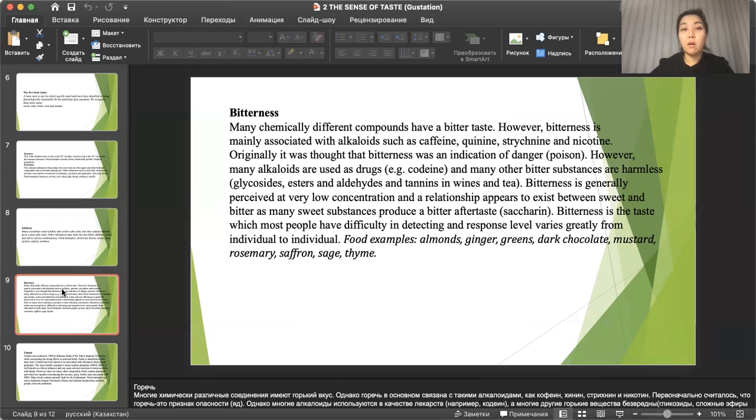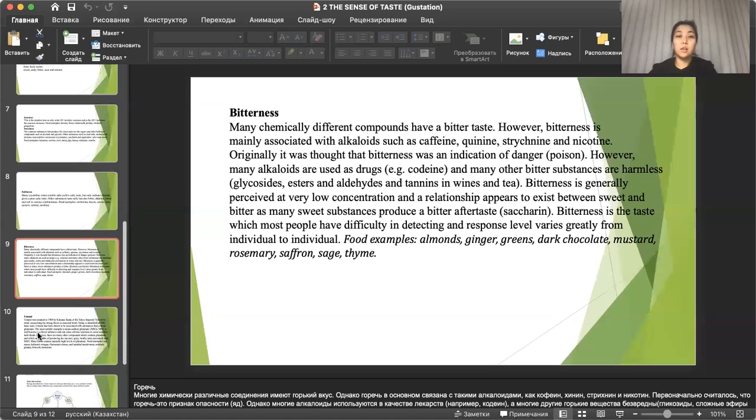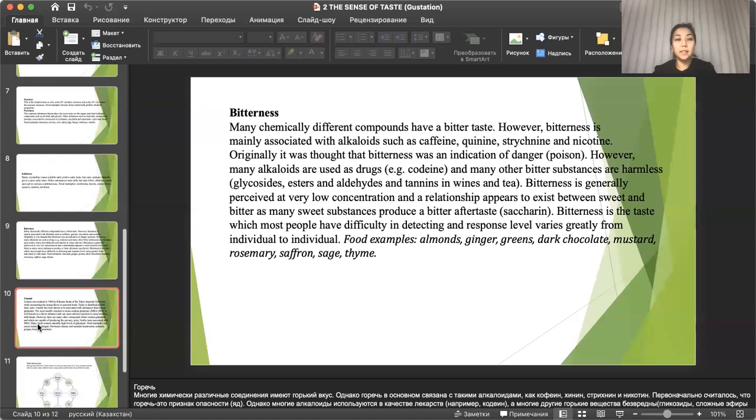However, many alkaloids are used as drugs, for example codeine, and many other bitter substances are harmful. Bitterness is generally perceived at very low concentration, and a relationship appears to exist between sweet and bitter. Examples of bitterness are almond, ginger, dark chocolate, thyme, rosemary, and so on.